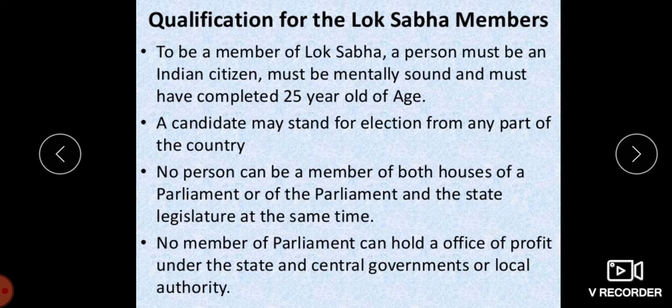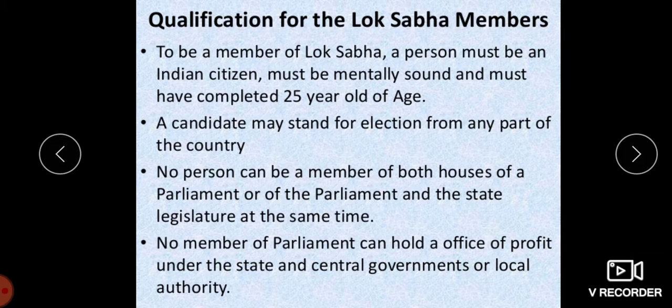Now we will move on to the vacation of seats. The seats of the members of either house of the Parliament become vacant in the following situations. If a member resigns his seat by writing to the Speaker or to the Chairman, as the case may be.